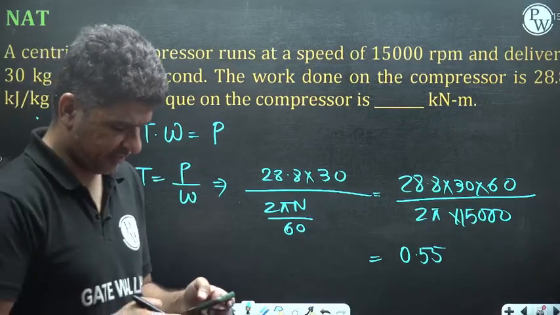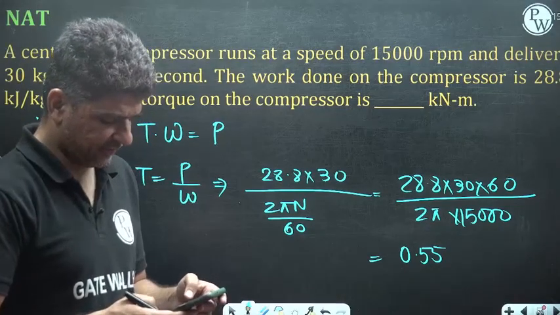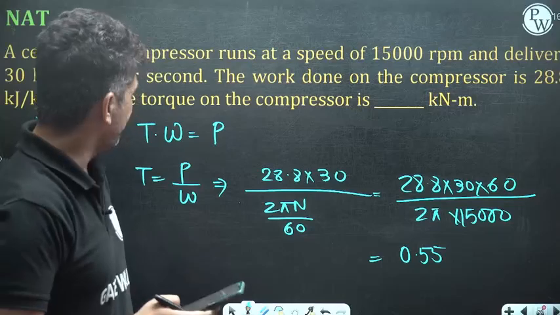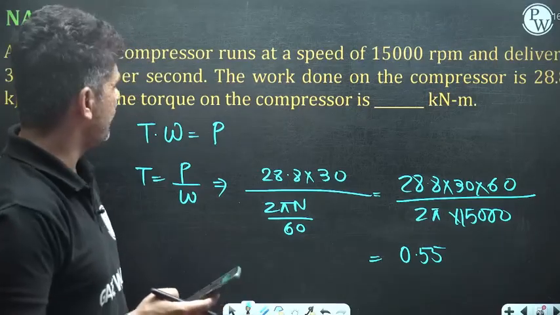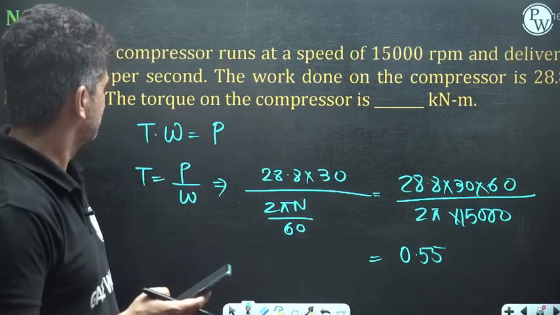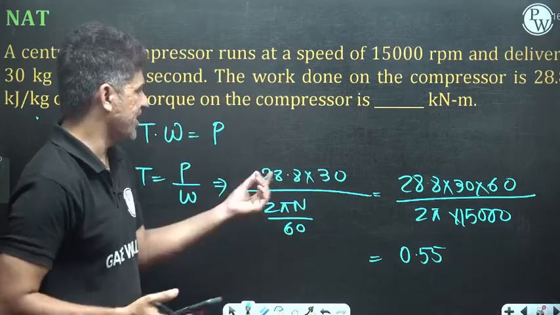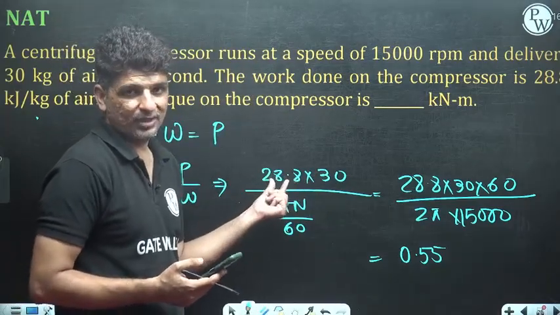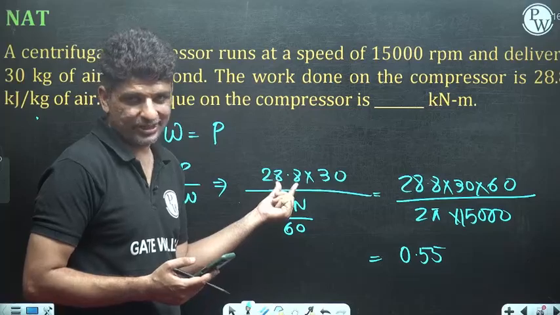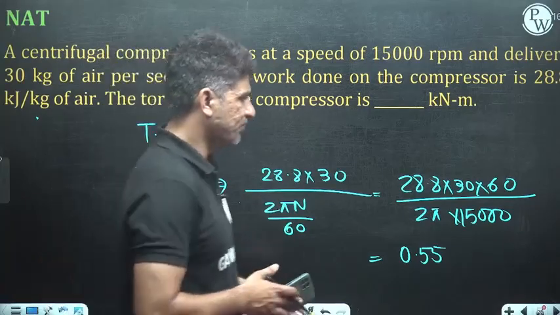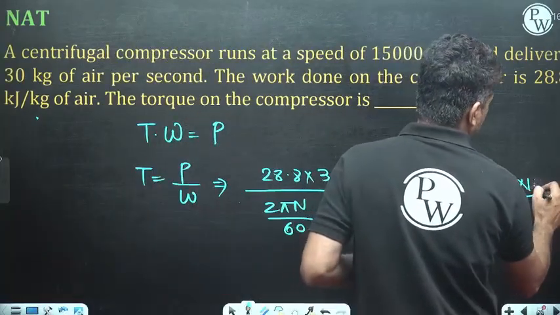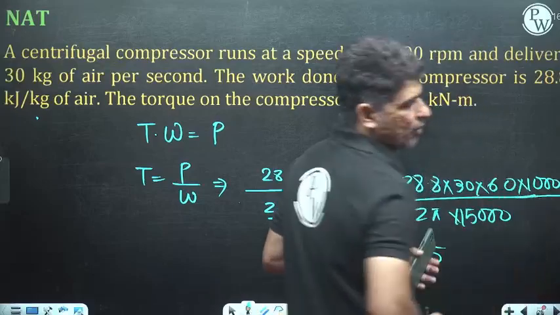Let me check the answer once again. So 28.8 kilojoule per kg. Okay, so we have this value is 28.8 kilojoule. So you have to multiply it with 1000 as well. Why 1000?